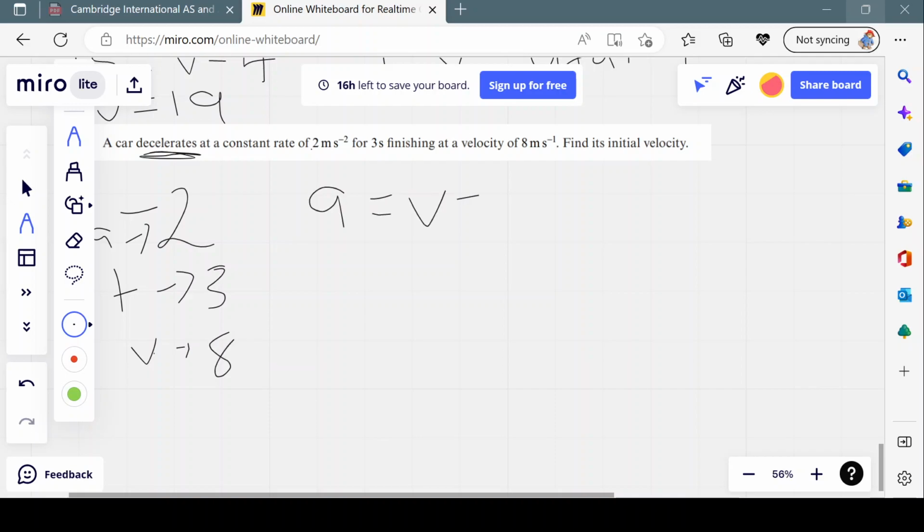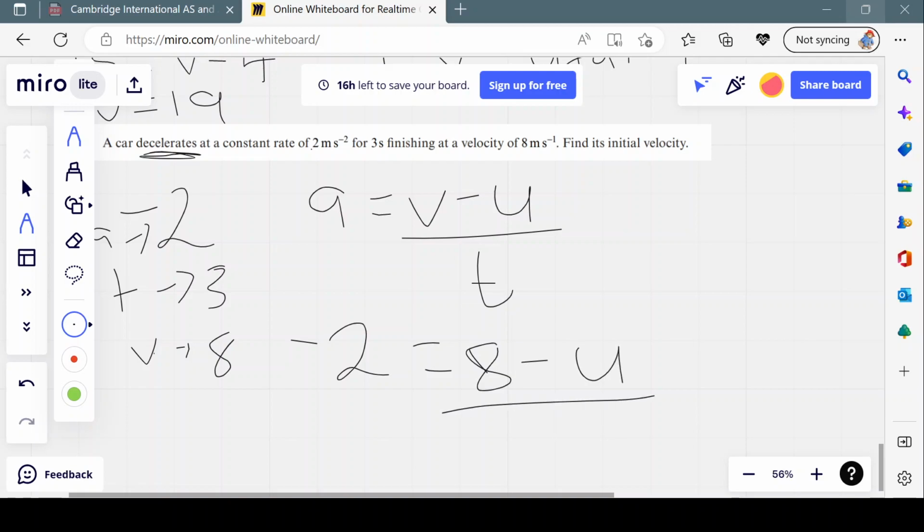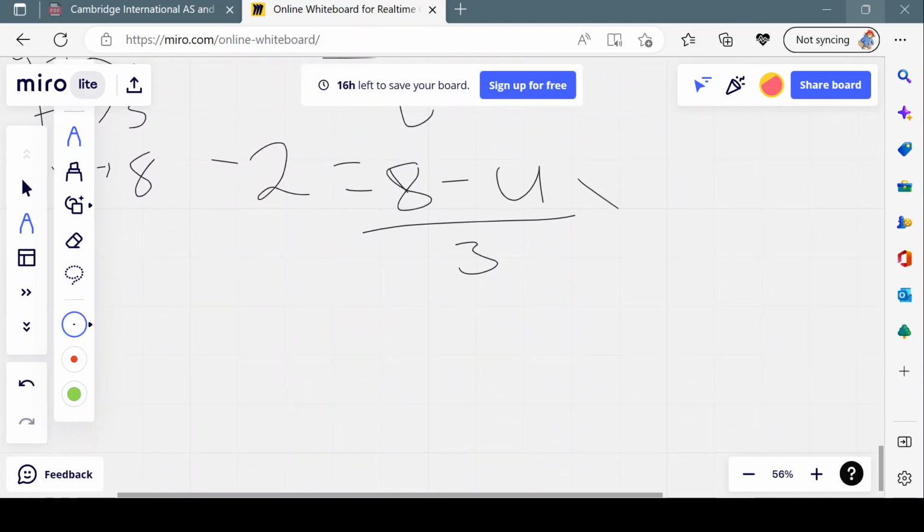Acceleration equals velocity at the end minus velocity at the start, or initial velocity, divided by the time taken. The acceleration is not 2 but -2 because it's slowing down, is equal to v, the final velocity, which is 8, minus the initial velocity, which we do not know, divided by the time taken, which is 3 seconds.